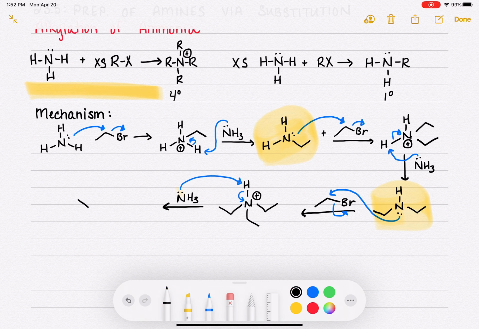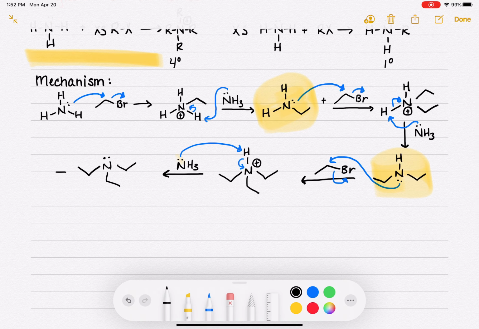And it would be super if the reaction would just stop right here at a tertiary amine, but we've got this reaction flooded with alkyl halides because we can't control the reaction at all. If you can't beat them, join them. So we have it flooded, and that means that we are going all the way to a quaternary ammonium.